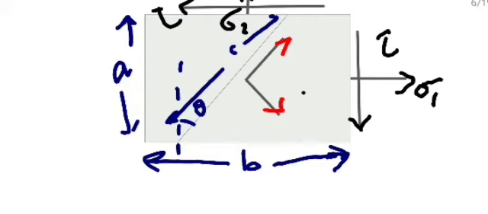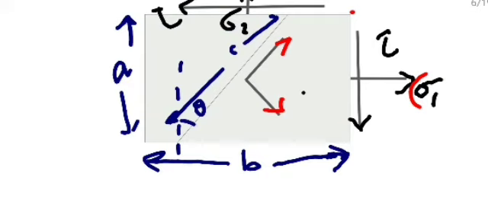So sigma 1 converting into force, consider the width to be 1. Consider the width of the cubical block to be 1 for easiness. When we are equating all those force equilibrium equations, if a width term comes, it will cancel out. So for easiness of writing, I have taken that width to be 1.